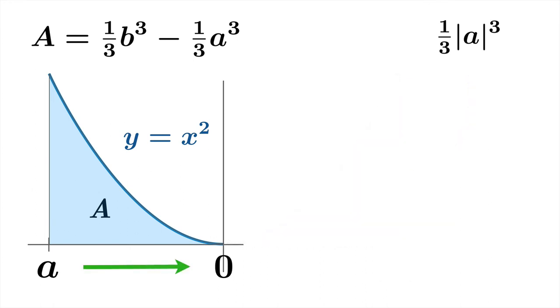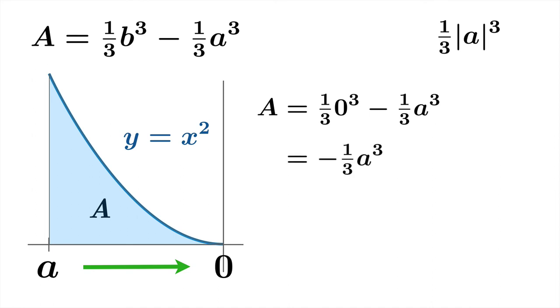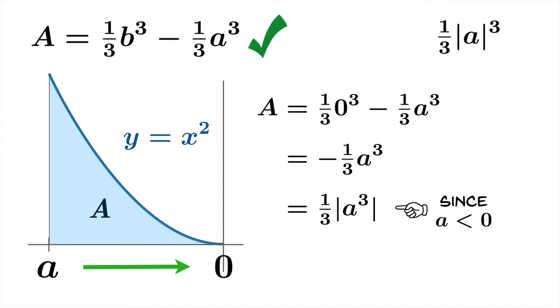Now we're moving left to right, so what we have to use here is 1/3 0 cubed minus 1/3 a cubed. That's what this formula looks like when a is playing the role of a and 0 is playing the role of b. And we get negative 1/3 a cubed. But in this case, a is negative, so negative 1/3 a cubed really is 1/3 the absolute value of a cubed. And that's the area. We know this works in this case.